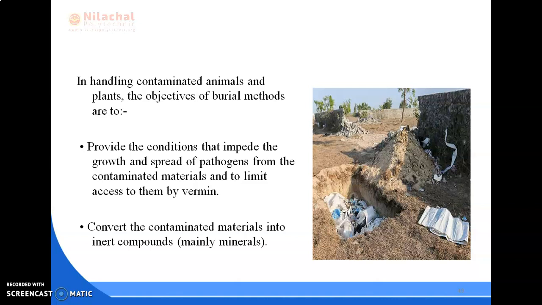To reduce the spread of bacteria, it is better to bury or put the sewage within the soil. And next, to convert the contaminated materials into inert compounds. Mainly different types of minerals are composed.